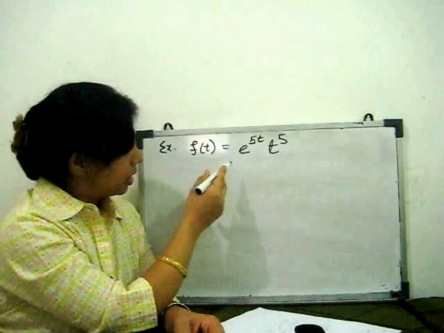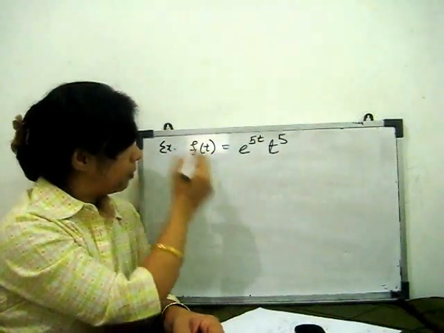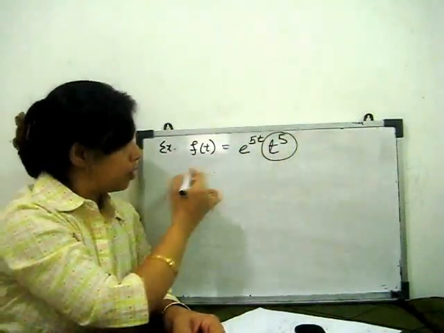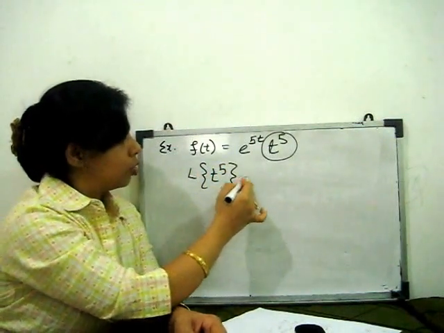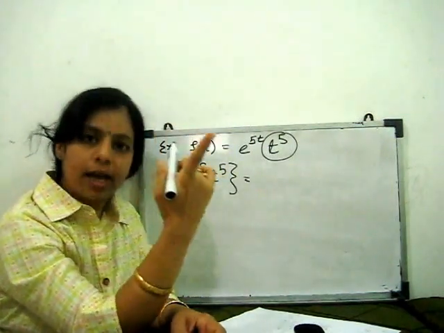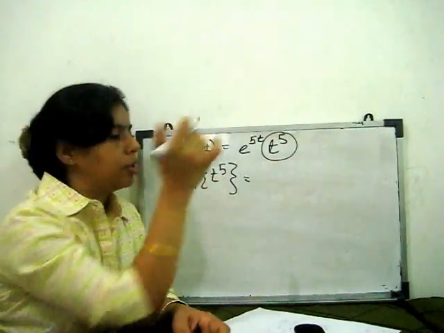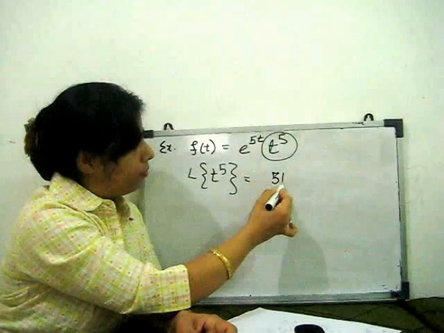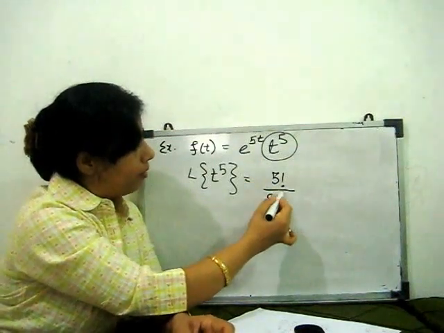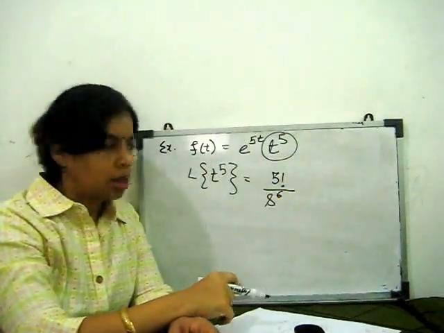For the Laplace transform of this, first we find the Laplace transform of t to the power 5. The Laplace transform of t to the power n is factorial n upon s to the power n plus 1, so factorial 5 upon s to the power 6.